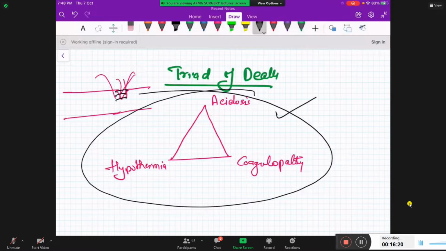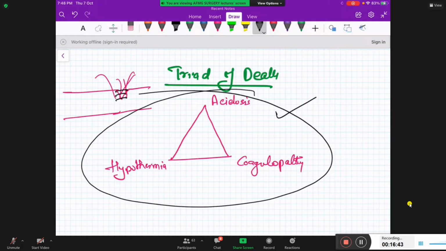Because of the surgery, this patient can die, because surgery is another stress, another trauma. The patient is already in a severely stressful condition. If I prolong the duration with one more stress of surgery, I may end up having a dead patient.